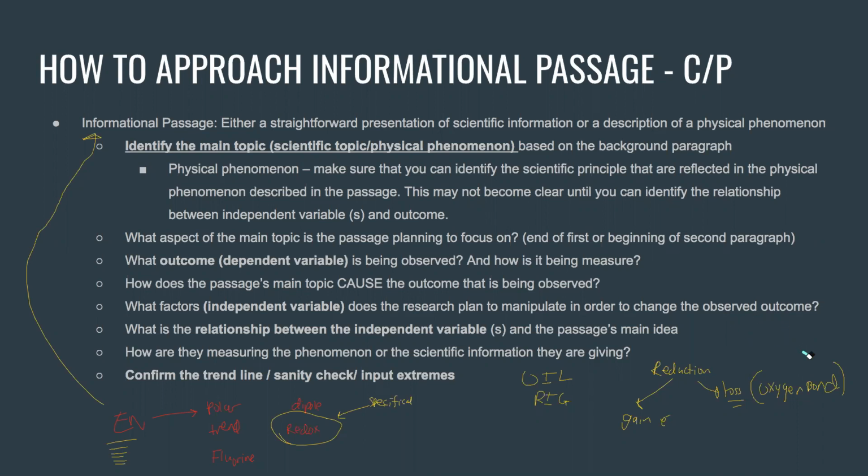But back to this passage we're making. So we've got an idea of what we are talking about. Reduction is to gain electrons, right? And what is oxidation? Losing electrons. Oxidation is to lose electrons, right? All right, cool. Now that we've got that, let's get our grab bag of concepts.